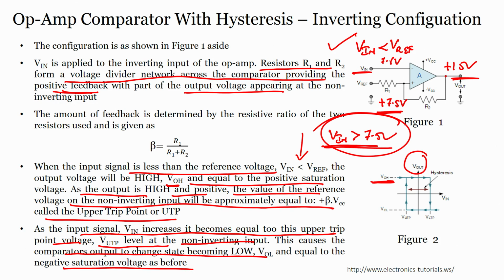So what will happen? The voltage at the inverting terminal is higher than the voltage at the non-inverting terminal, which is 7.5, hence my output will go back to the negative saturation value, minus 15 volts. So, minus 15 volts will create the reference voltage of minus 7.5 volts.